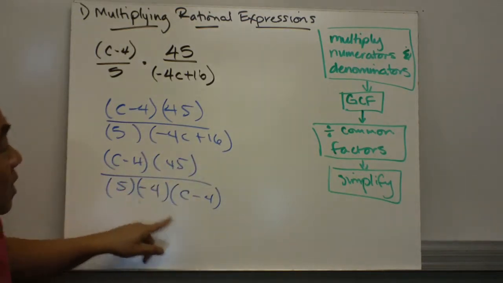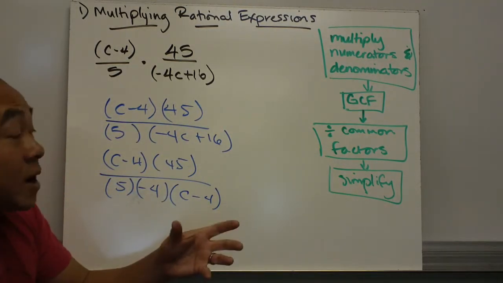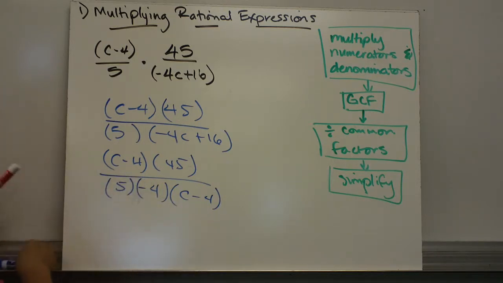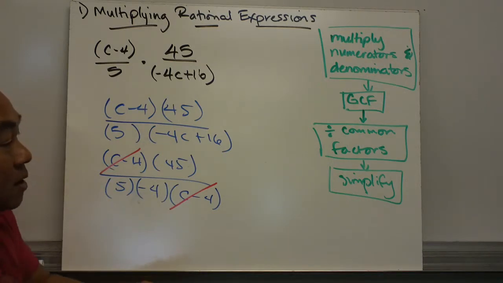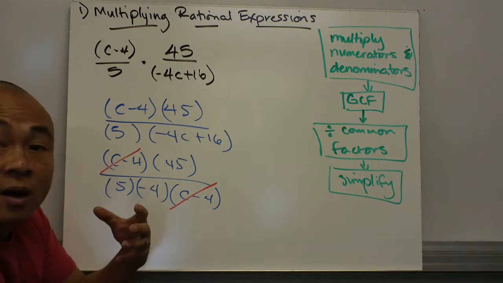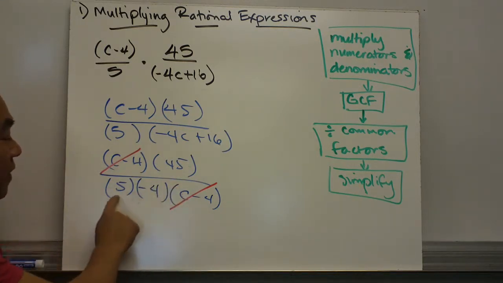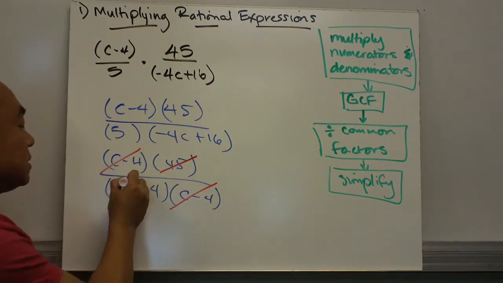So that's right here. And then my next step is I'm going to cross off or cancel out by dividing common factors. So I notice that I have c minus 4 here, c minus 4 here. That gets crossed off. And then I'm going to simplify any type of numbers or anything else that I may have that I could simplify. So if I look right here, 45 and 5, well, they both have 5 in common, so I can divide this.